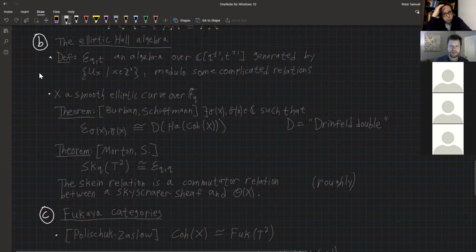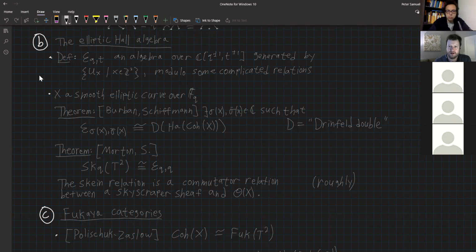Okay, so in the previous part, I was talking about the Hall algebra for quiver modules. Another Hall algebra that's been studied a lot recently comes from elliptic curves. And it's called the elliptic Hall algebra. So to define the Hall algebra, we start with an abelian category over a finite field, and it needs to have finitary properties.